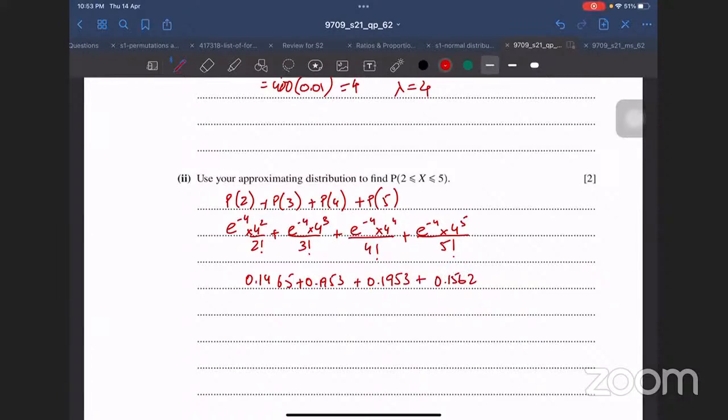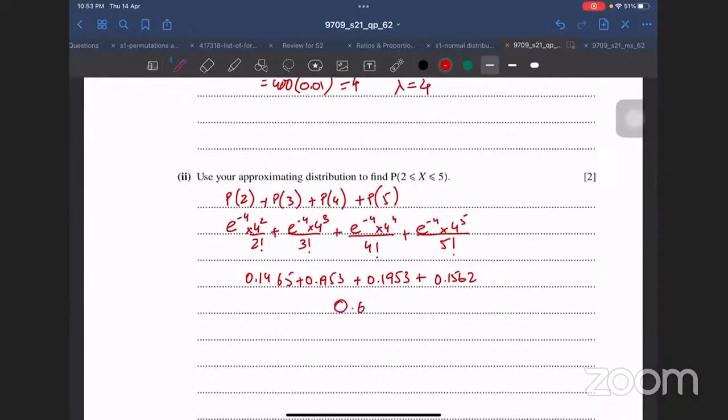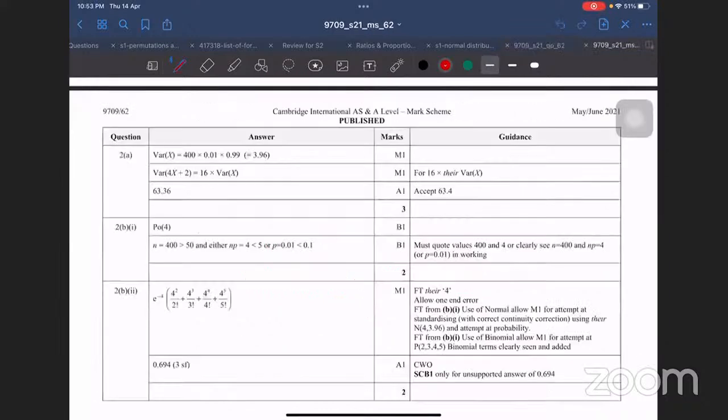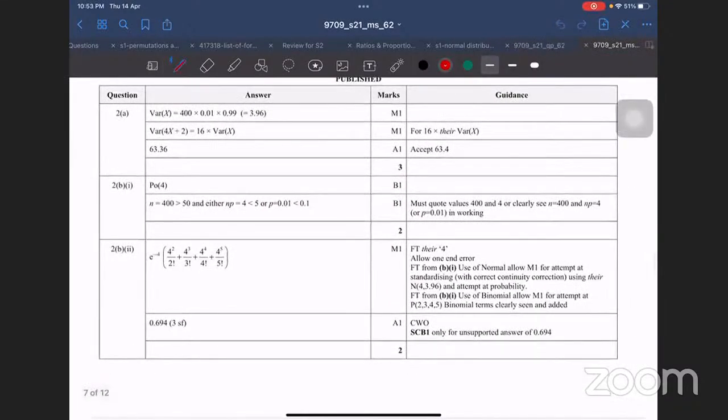Sum: 0.6333. Just a rounding off error somewhere because I used my calculator to do all the calculations.